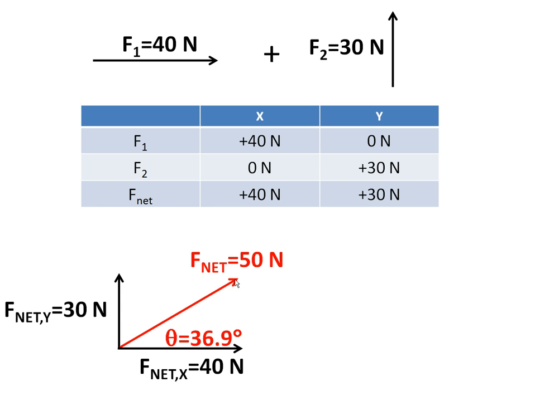Now, it might seem like a little bit more work than the head-to-tail method, but when you have a list of forces of 3 or 4 or 5 more, this is the way to go, because it's very easy to add up columns of numbers rather than drawing really fancy pictures.